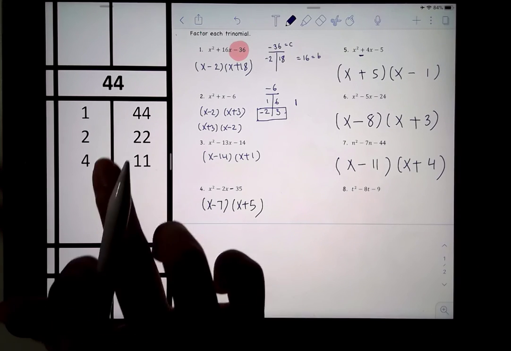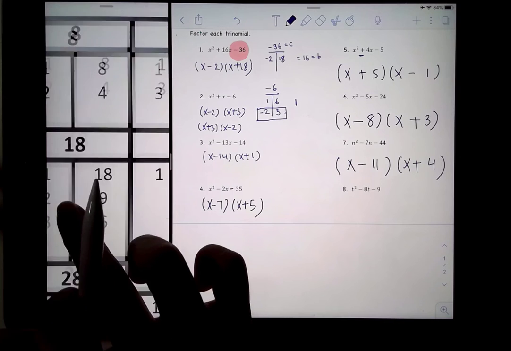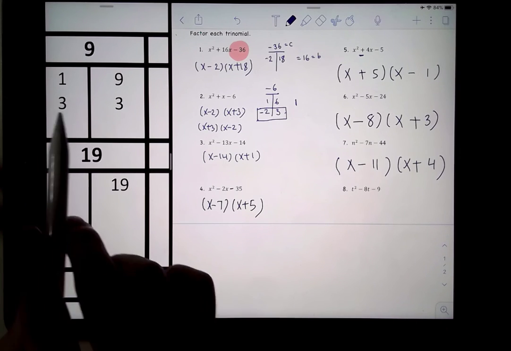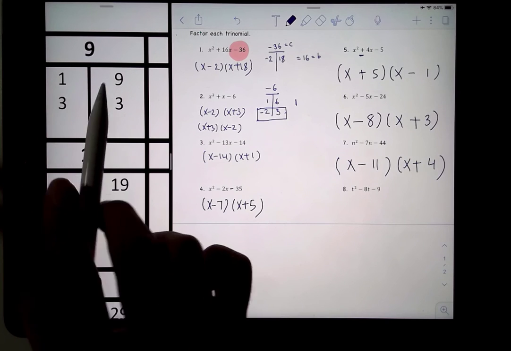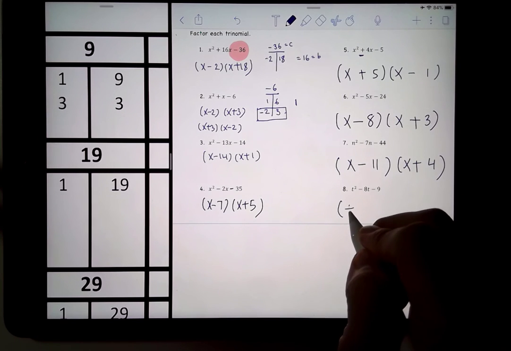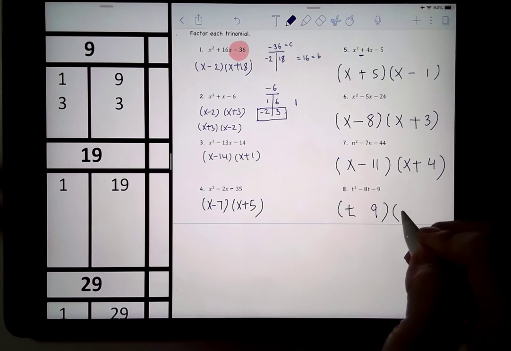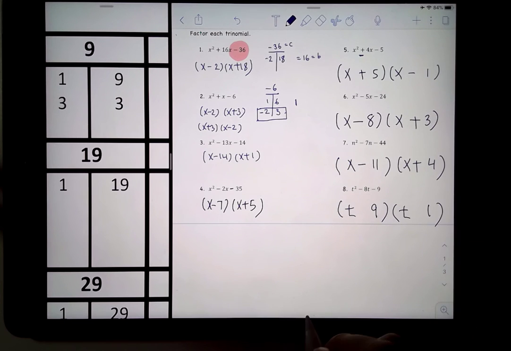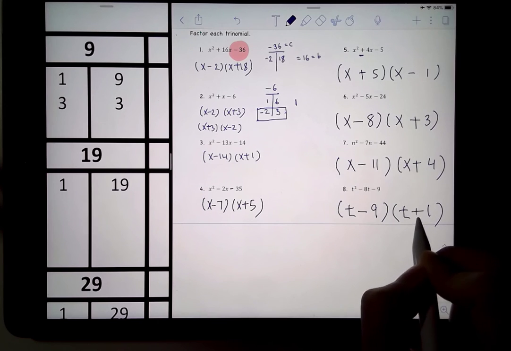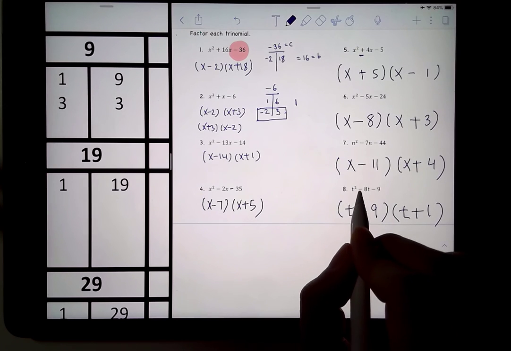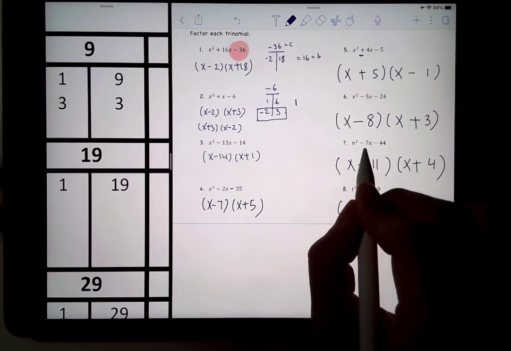And look, 9, so you go to 9. You go to 9, and you want to get 8. So it's 1 and 9, right? 1 and 9, and that one's minus, that one's plus. Because this is minus here, so same, right?